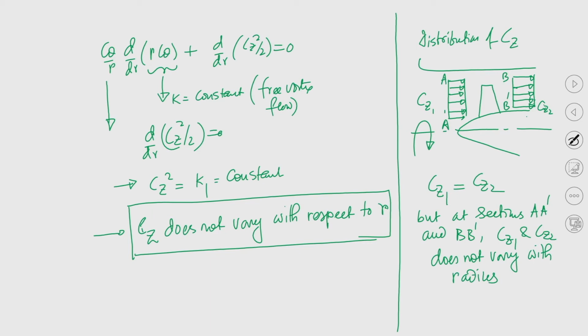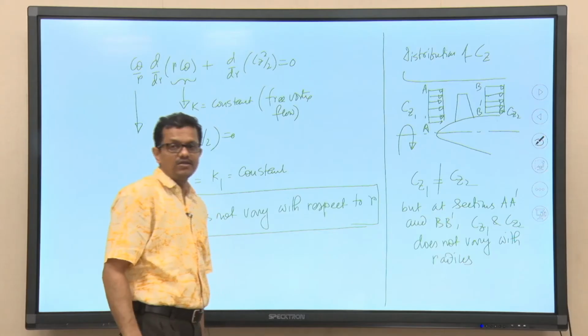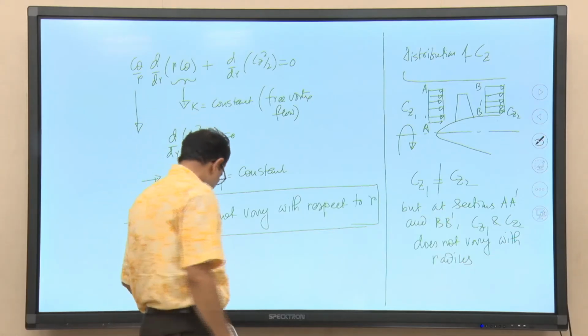So, it is not necessary that C z 1 will be equal to C z 2, but at this particular section and this section, C z will not vary if we go along the radial direction. So, this is the important conclusion.